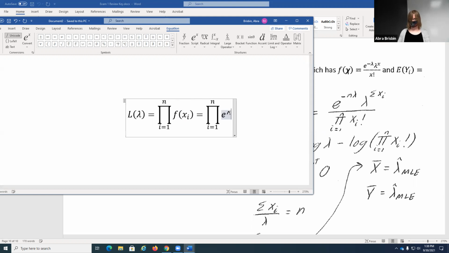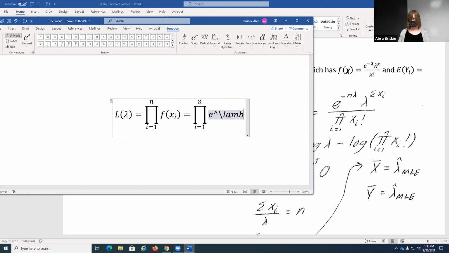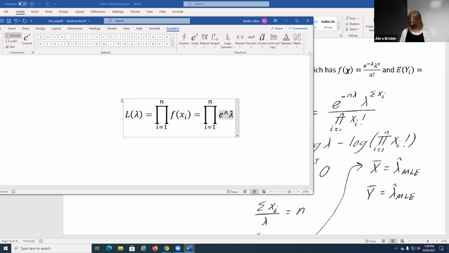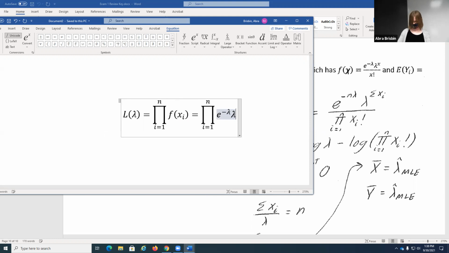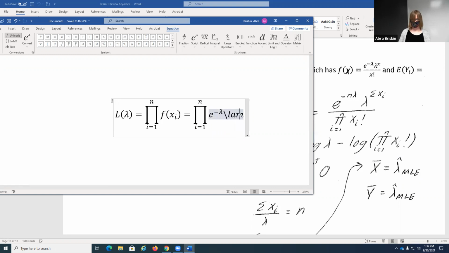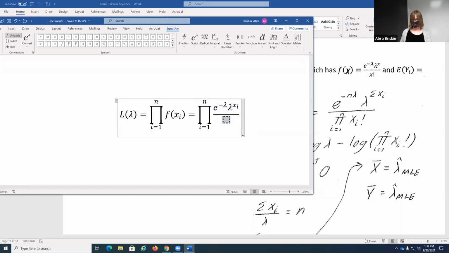So e to the negative lambda, oops, forgot the negative in there, times lambda to the x sub i, divided by x sub i factorial.